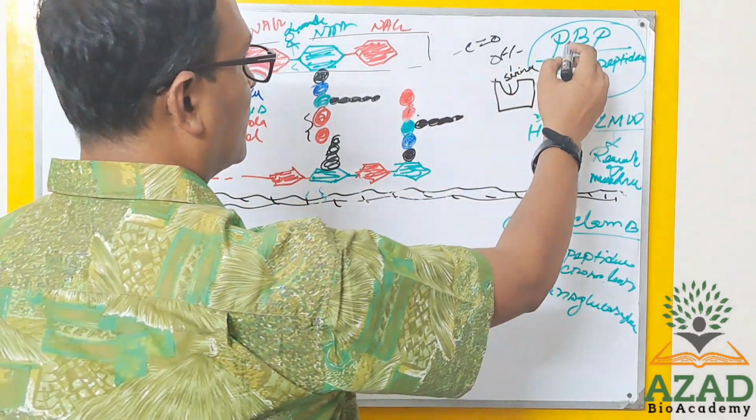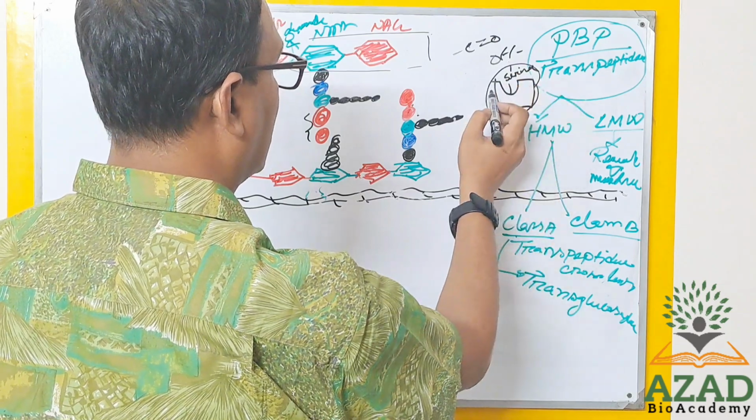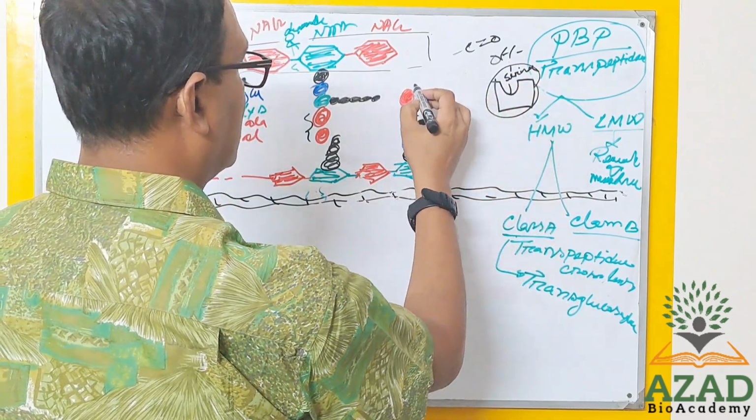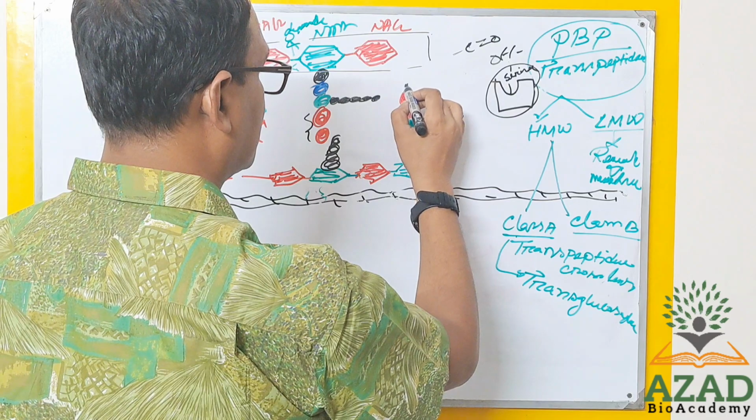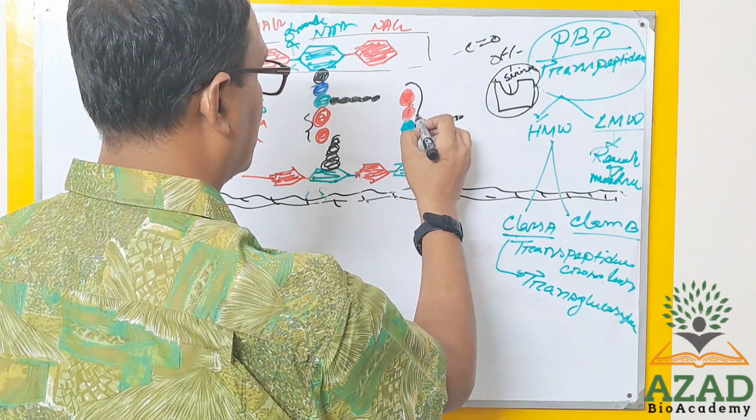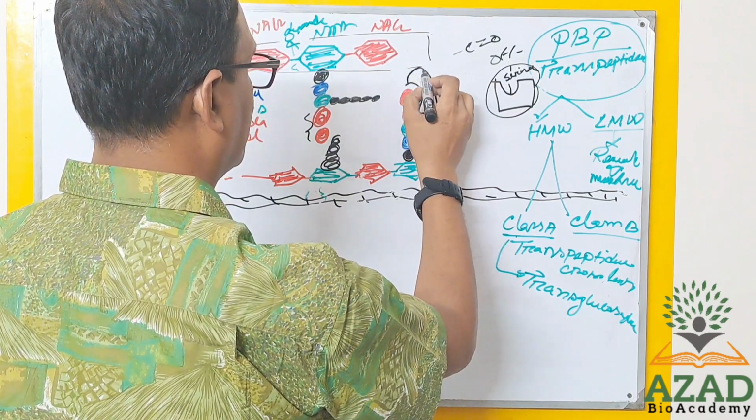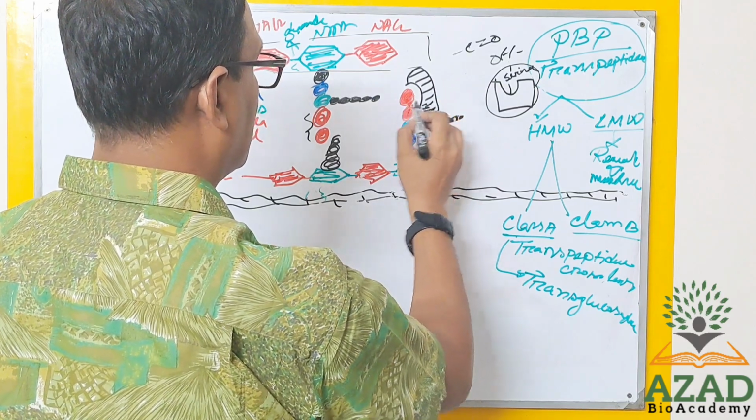If you think this is the enzyme, and here serine is there, and serine carries the OH group, and here the carbonyl group. So now that enzyme will attach here.